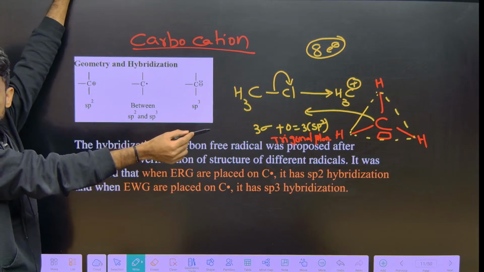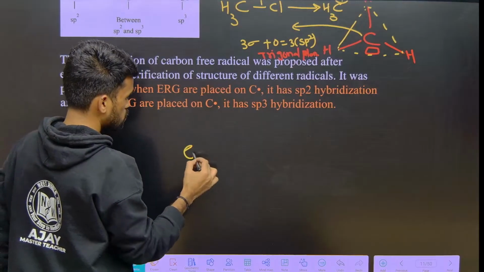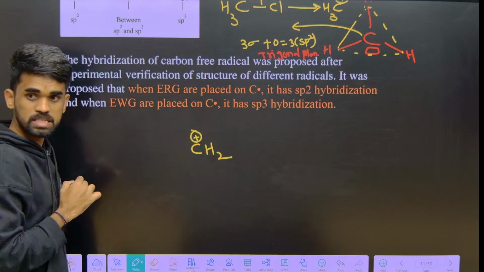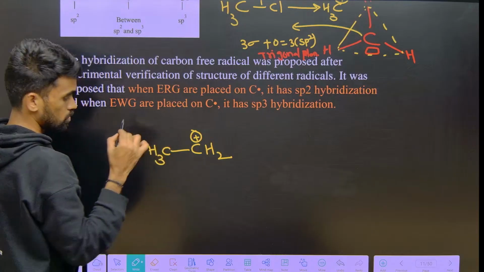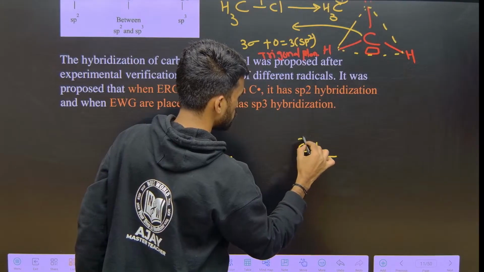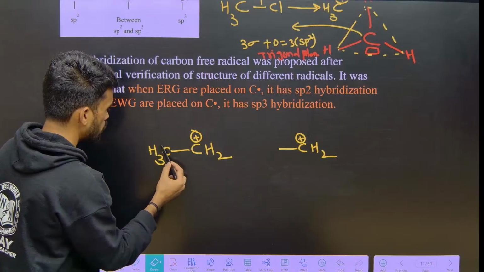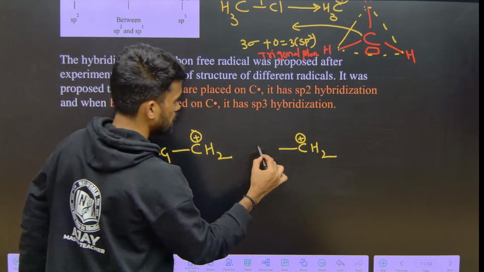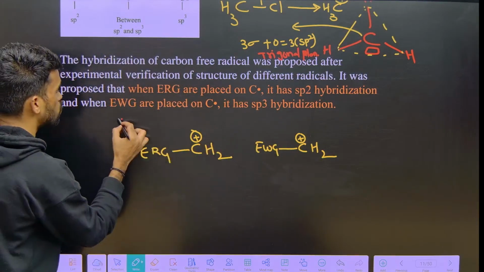So this is electron deficient. Now look here. I have a carbon with positive charge, attached to one methyl group. And here I have CH2 plus with another group. For more understanding, write electron releasing group here, and electron withdrawing group here. Now tell me, out of these two, which is more stable?